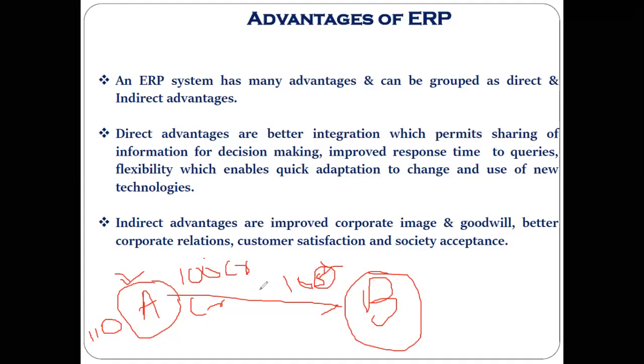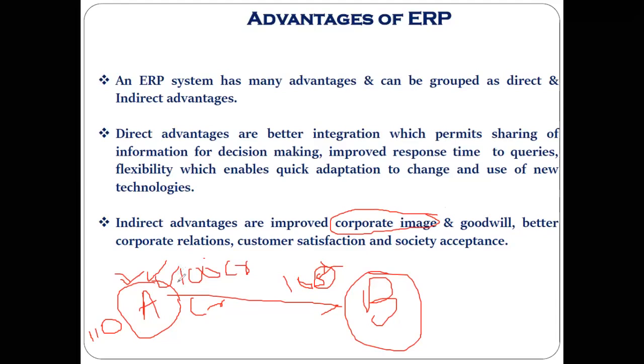When this B company purchases this A company by giving the extra 5 crores, it is because this A company has a very good corporate image. This A company's brand is very famous.